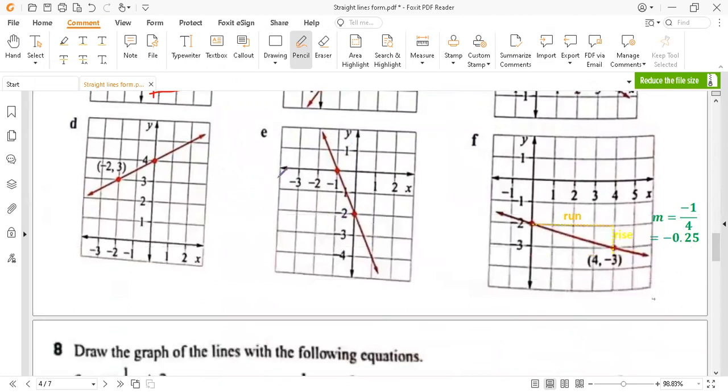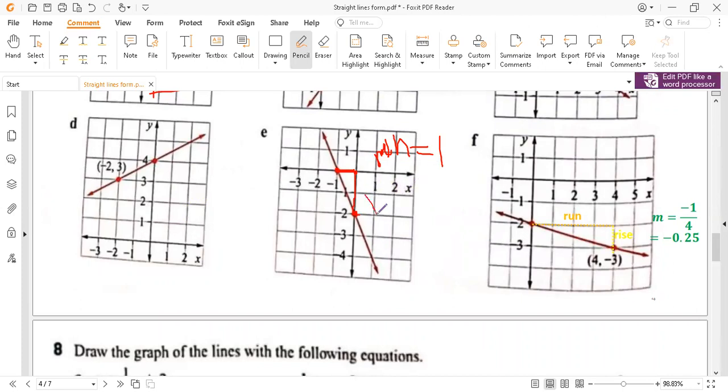Easy also. For example, we have this point and this point. How do we get the gradient? We can move horizontally 1 in the positive direction, so the run equals 1. Then, when we are at the same x level with this point, we go down to reach it, in the opposite direction of the positive y direction.